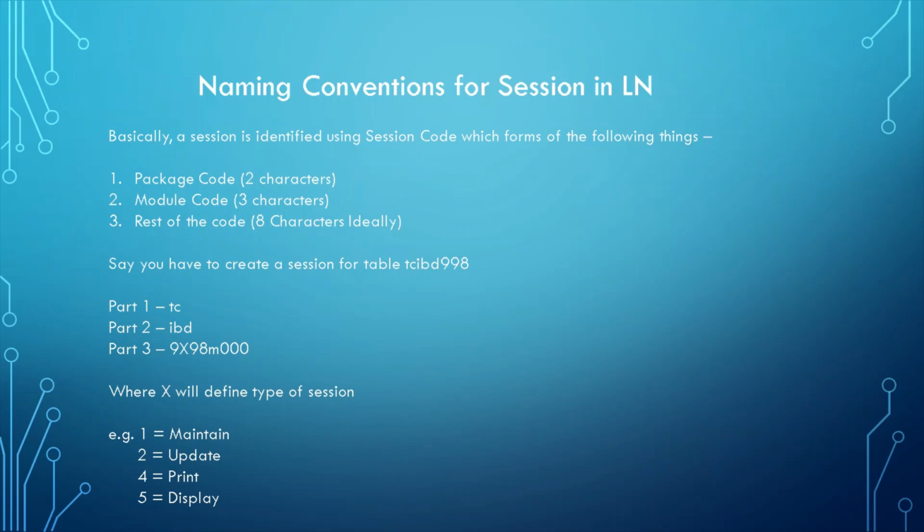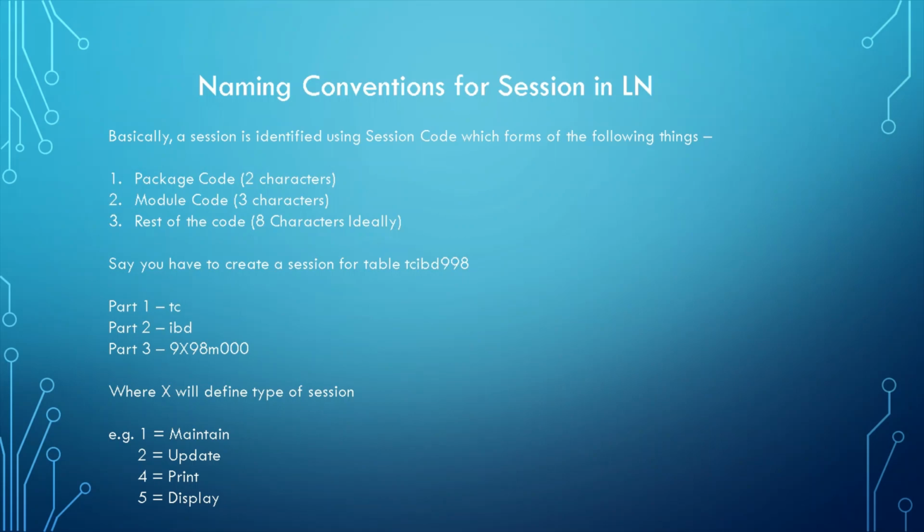So instead of going through this, let's just take an example of the table which we created in our last tutorial. If you have not seen that, you can go ahead and check that video as well. We have created a new table called TCIBD998 and we named it item data. Let's see how, if we create a maintain session for that table, it will be named.